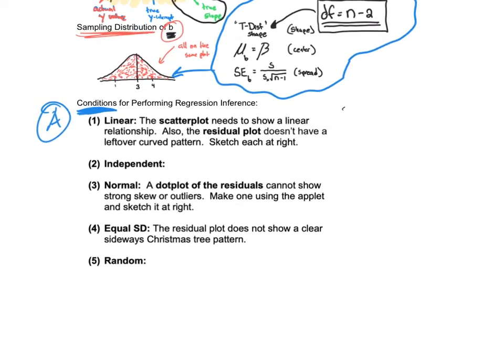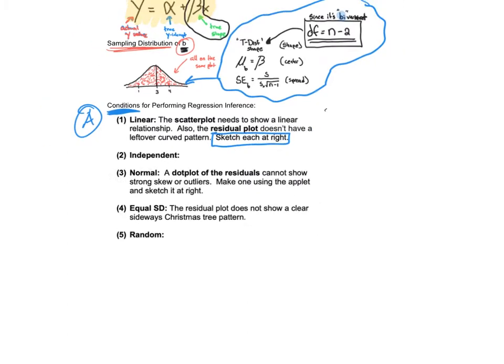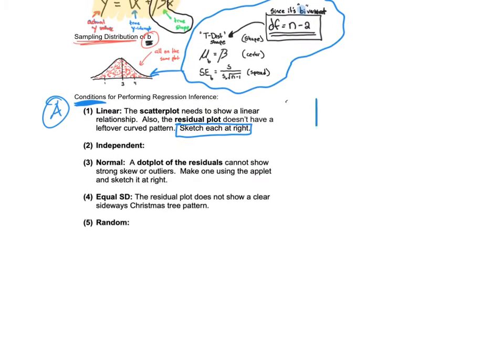We're going to get in the habit of sketching each of these. So let's say I looked at the data set and in the actual scatter plot it looked very much linear. You're literally going to have to use your eyes and see.